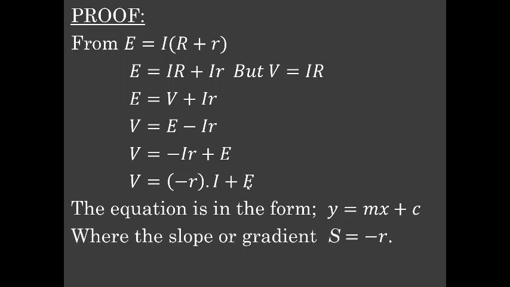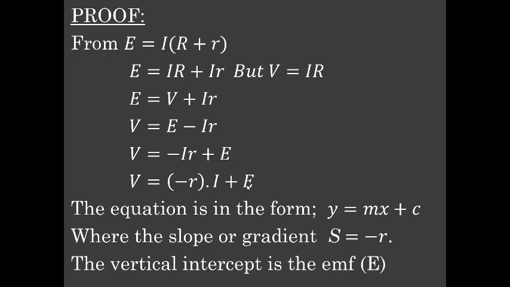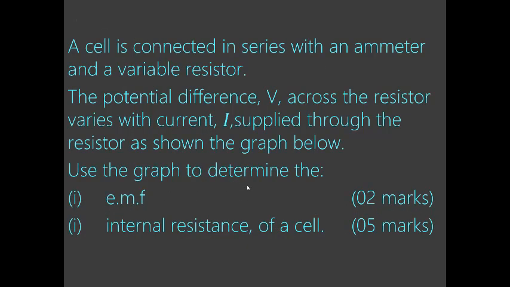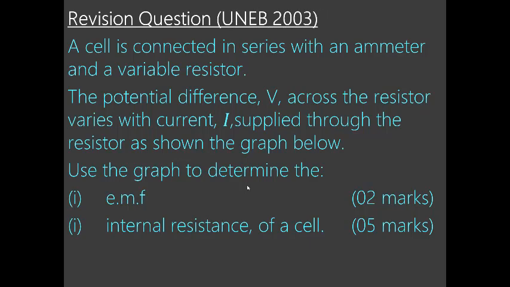So the slope or gradient S is equal to negative r and the vertical intercept is the EMF E.